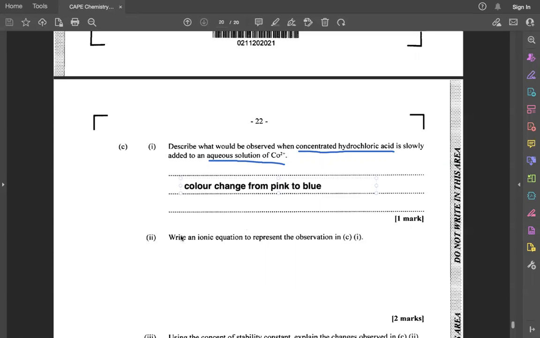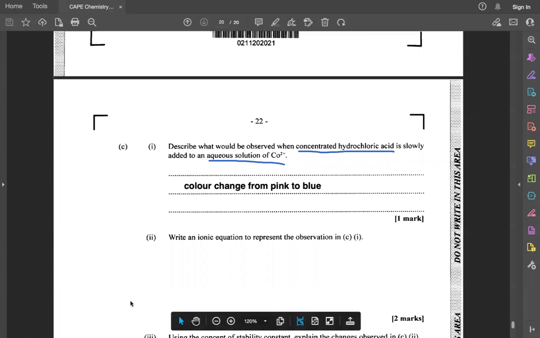And they're asking us now, write an ionic equation to represent the observation that we see in C part I. All right, so they want us to describe this color change pretty much by way of an ionic equation. And that ionic equation will then be this one here. So that's going to be where we have our cobalt in aqueous solution. So that would be with this water ligand here.